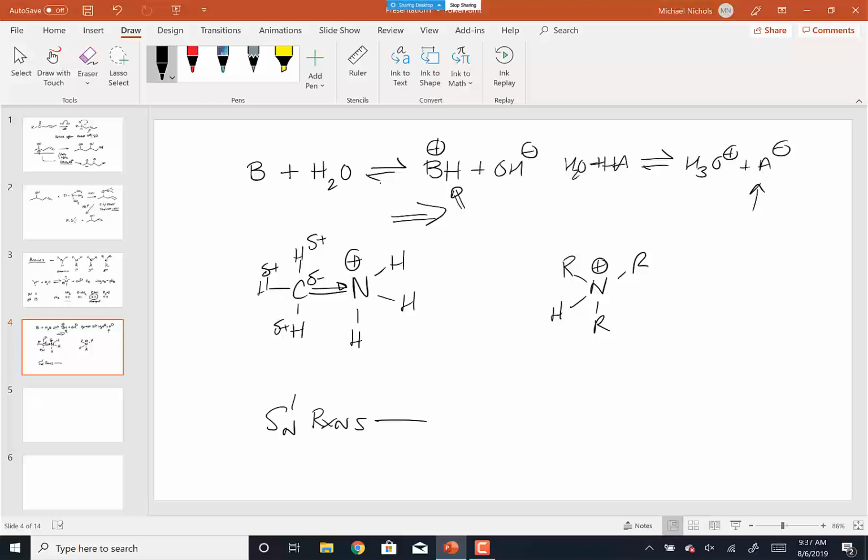SN1 reactions, where I'm going to take my alkyl halide and I'm going to form my carbocation and my chloride. What kinds of solvents make SN1 reactions go faster? Protic. The protic solvents. So in other words, water and alcohol.